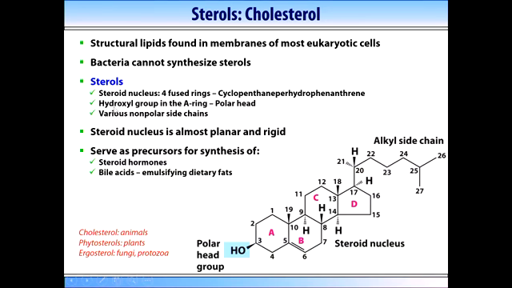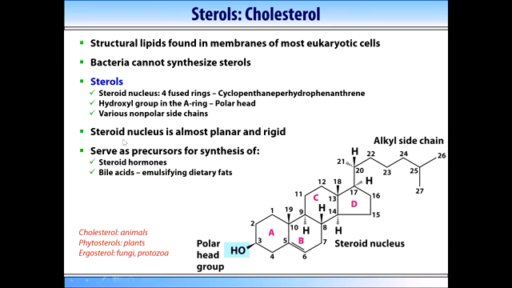In the case of cholesterol, the hydroxyl group in the A ring is attached at this position. The hydroxyl group is not charged, but it's polar. And there is a relatively short hydrophobic tail on the other side of the molecule. This molecule is called cholesterol, the main representative of the class of sterols.